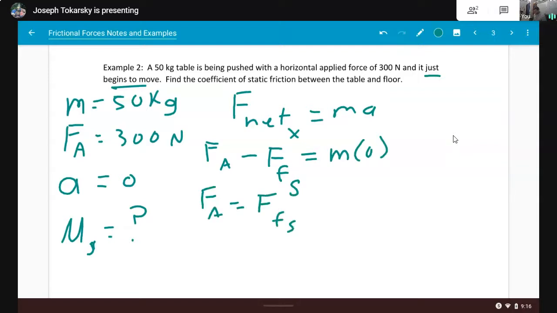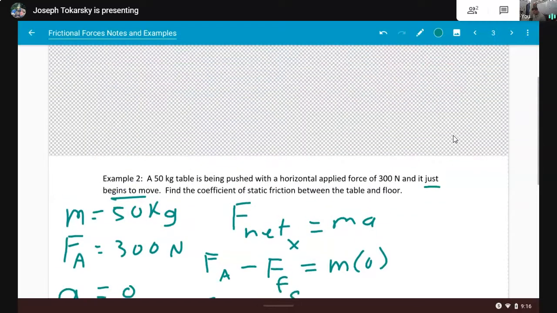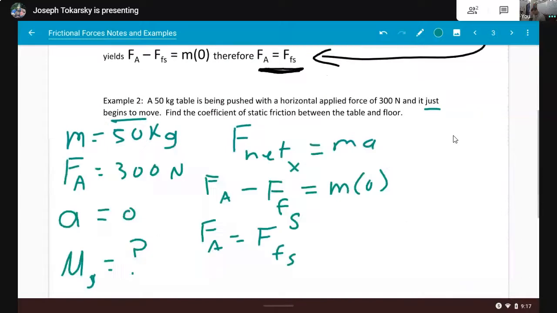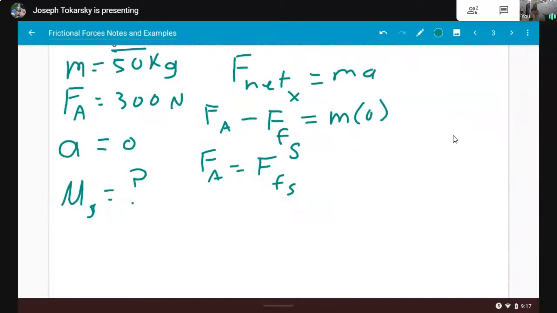And as long as I'm at my breaking point, like I said above, I could use this formula as an equality. Okay? So F_A equals F_f static. So that actually, if we didn't already realize that, we could list another given here. F_f static is also 300. If I know they're balanced, and I know the applied force, I also know the static frictional force. That's what we just proved right here.